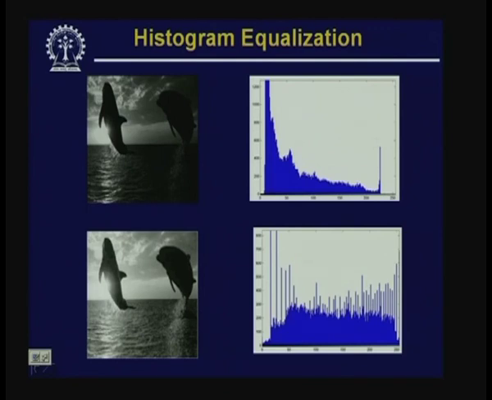However, this is near to uniform. That theoretical derivation, which shows that the intensity distribution will be uniform, is a theoretical one. In practical, discrete cases, in most situations we do not get a uniform probability distribution or uniform intensity distribution.